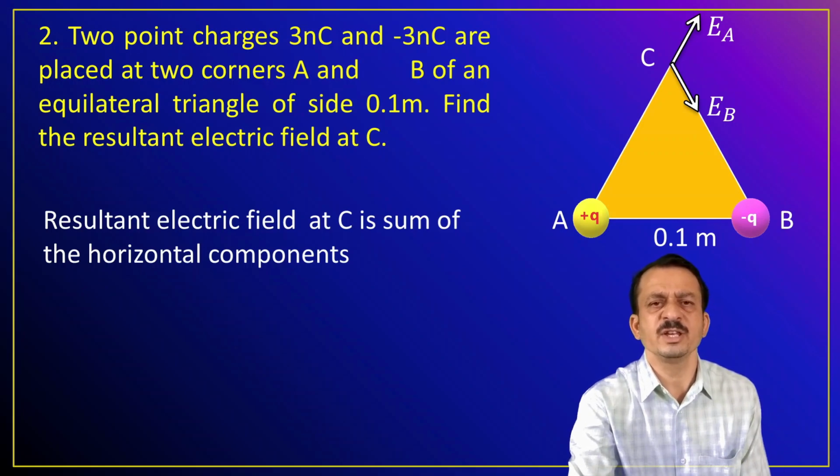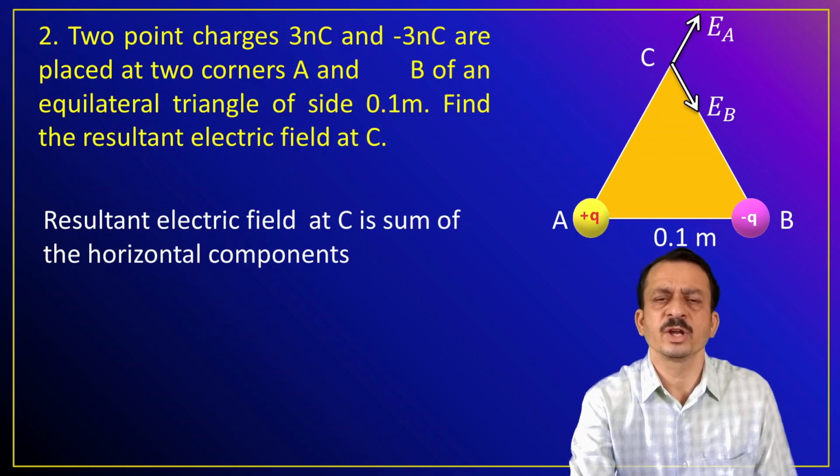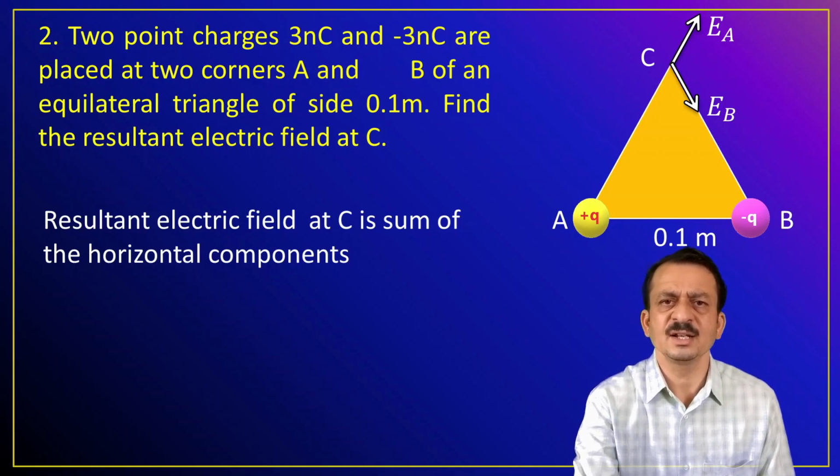Similarly, if I resolve EB, I get EB cos theta along the horizontal and EB sin theta along the vertical downward. Now these two vertical components, one is upward and the other is downward. They get cancelled. Only the horizontal components add up.